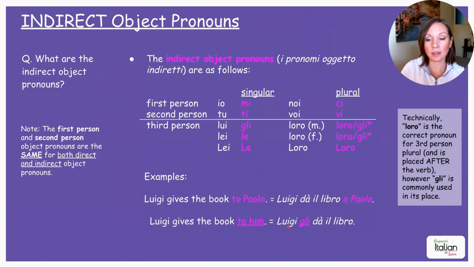Luigi gli dà il libro. Okay, so to Paolo becomes gli, which is the indirect object pronoun being used. So because Paolo is the third person singular and it's masculine, okay, we use gli. And again, we put it before the verb. Okay.